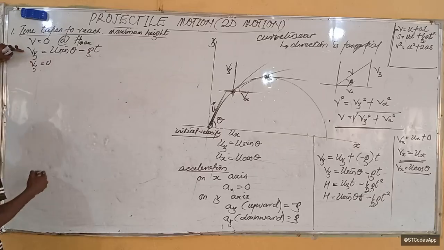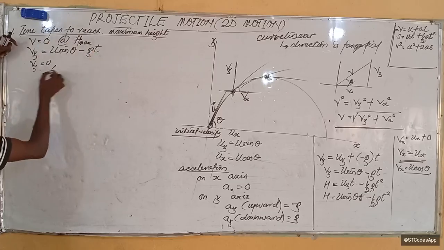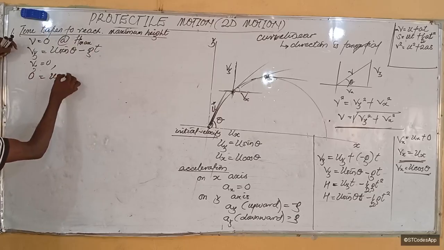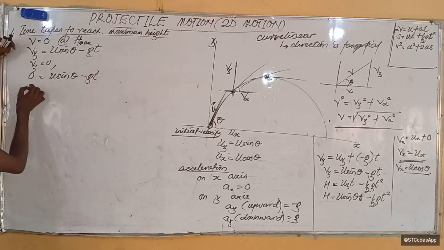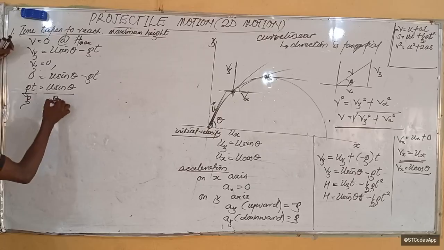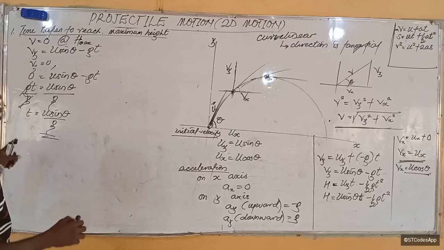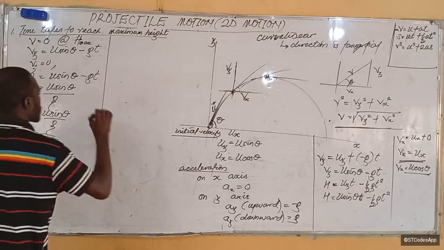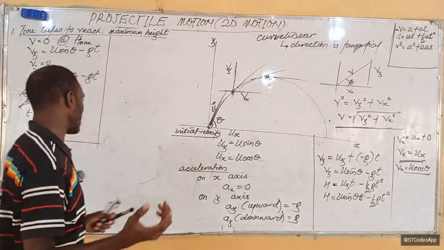So since v sub y will be 0, we have 0 equal to u sine theta minus gt. So minus gt comes here, and we have gt equal to u sine theta. Dividing both sides by g over g, t becomes u sine theta over g. Now this is very simple. But what if we wanted to calculate the total time of flight? The way I usually derive this is just very simple.